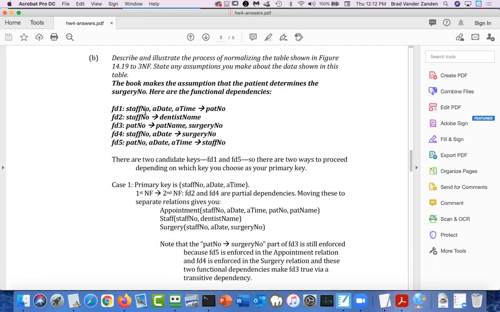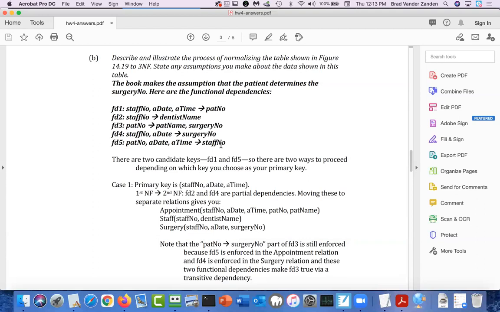A dentist, an appointment date and time determined the patient. A dentist also determined the dentist's name. The patient number determined the patient name and the clinic to which they were assigned. The dentist and the appointment date determined the clinic they worked at that day. And then the patient, the appointment date and time determined the dentist they had.